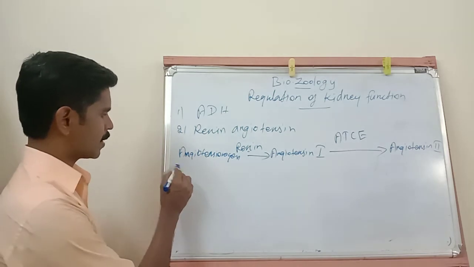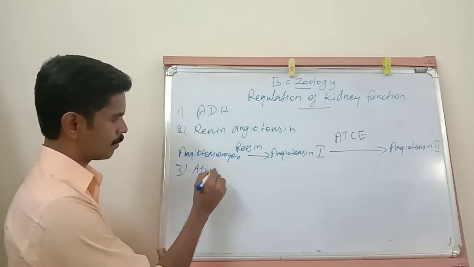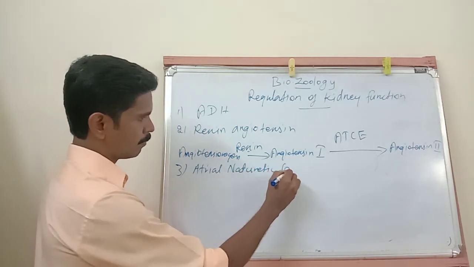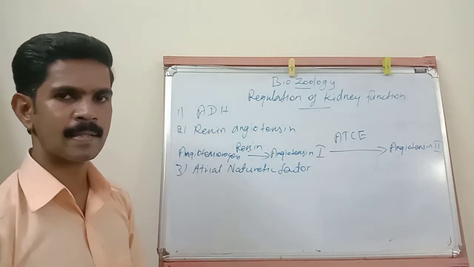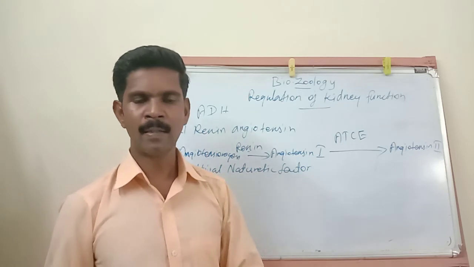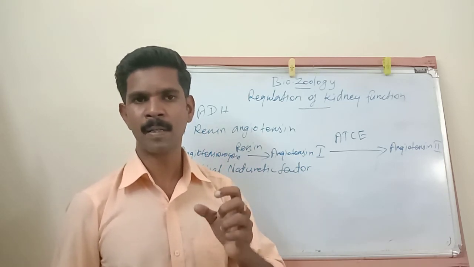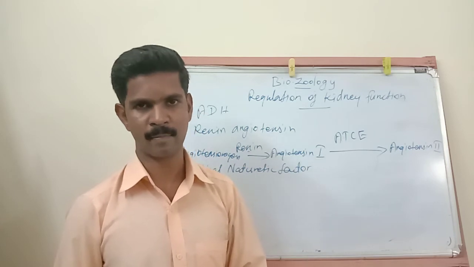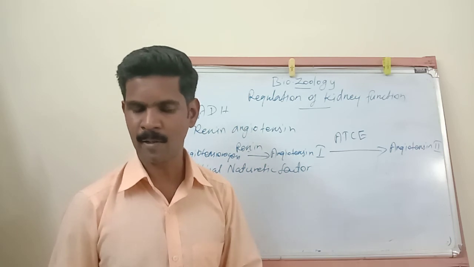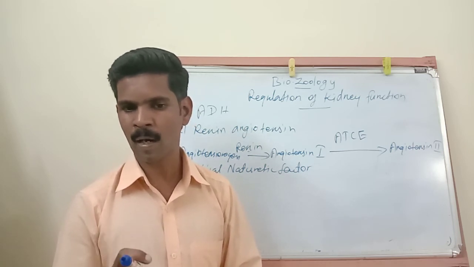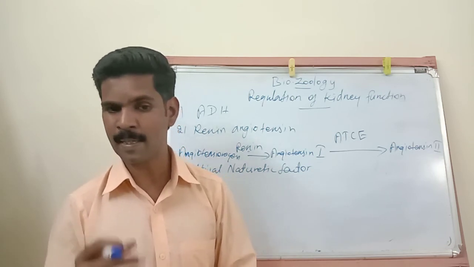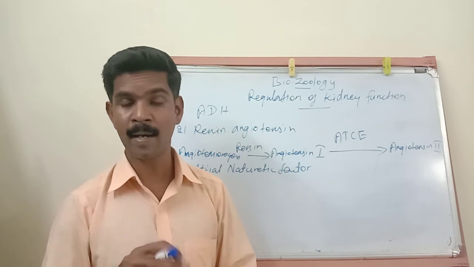Then the third factor is atrial natriuretic factor. See, when the cells present in the auricles of the heart are stretched excessively, more amount of blood is entering inside the auricles of the heart.